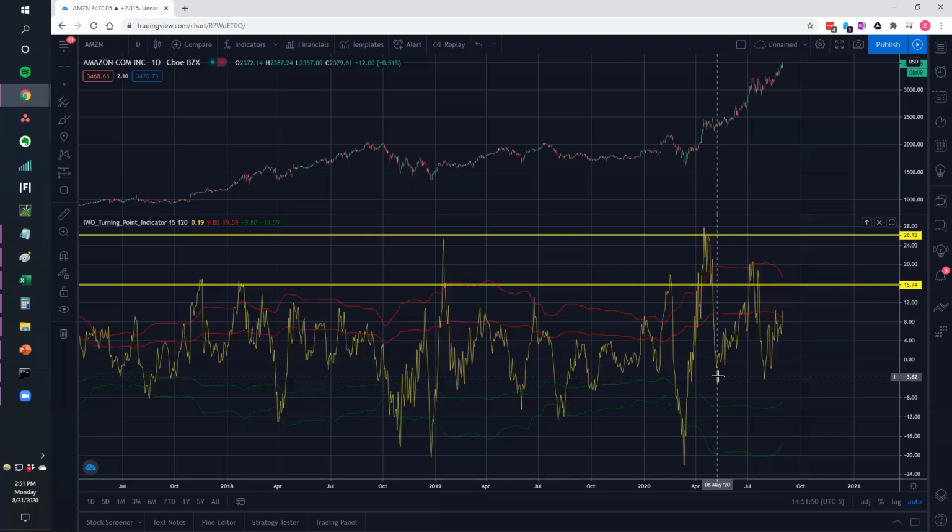the way this works is that the turning point indicator, if you turn it on its head, will look like a bell curve. Most of the changes in an individual stock will trade within a certain bell curve. For Amazon, it's probably going to be within this window around 5%. And then the standard deviation, as you can tell from this upper line, the second standard deviation is 17.25. The lower standard deviation is minus 17.25.